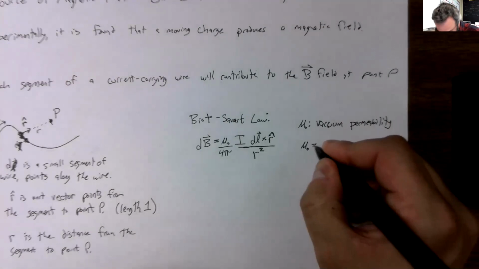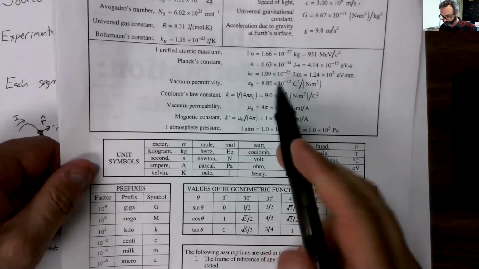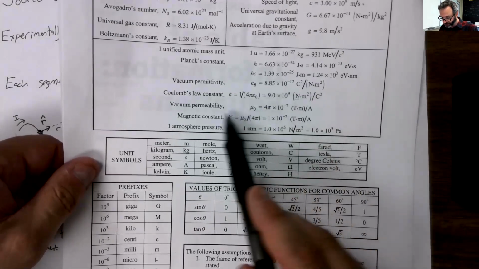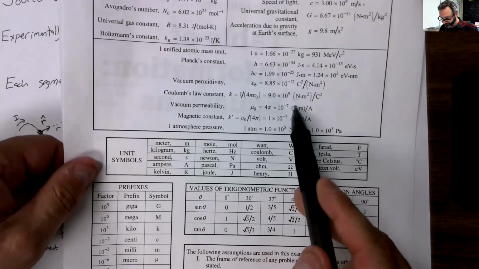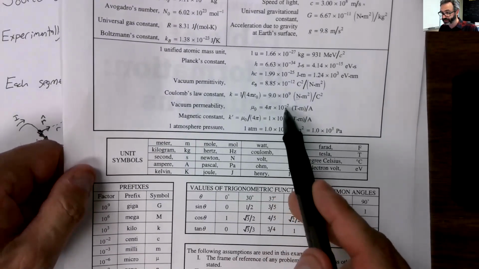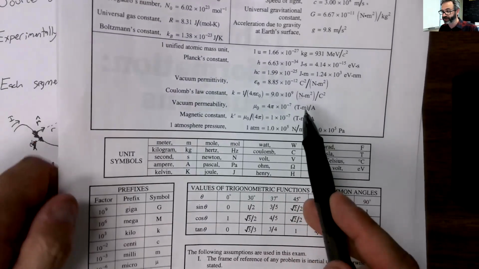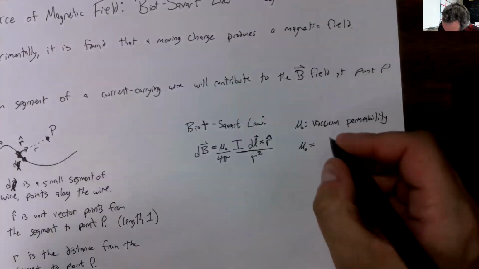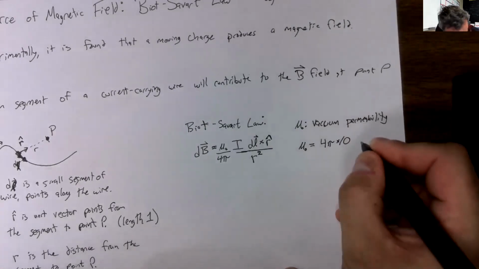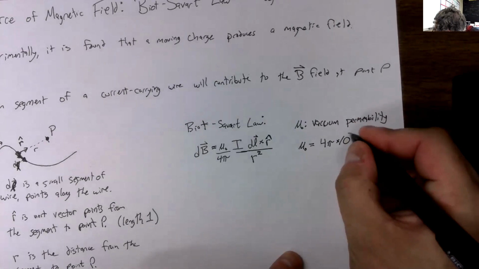And the value of it is on your equation sheet right here. Just like we have epsilon naught here, we have the mu naught here. And it's 4 pi times 10 to the minus 7 Tesla meters per ampere. So mu naught equals 4 pi times 10 to the minus 7.